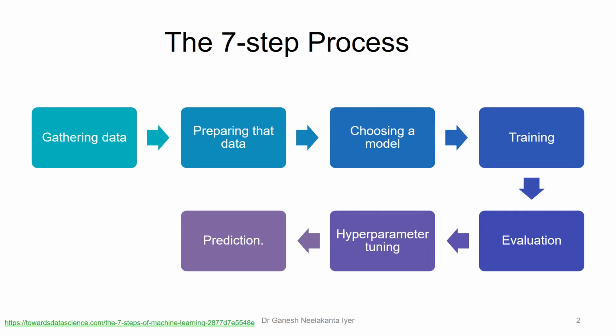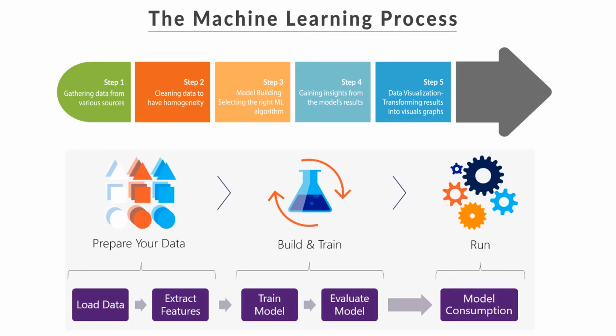They involve gathering data, preparing data, choosing the right machine learning model, training, evaluation, parameter tuning, and prediction. Today we are going to see step 3 here, which is model building, selecting the right machine learning algorithm.